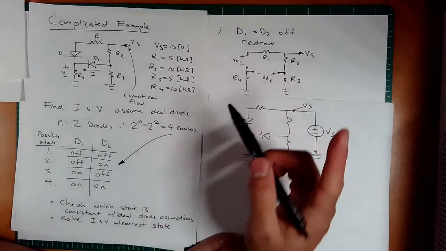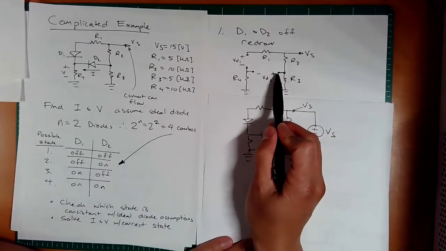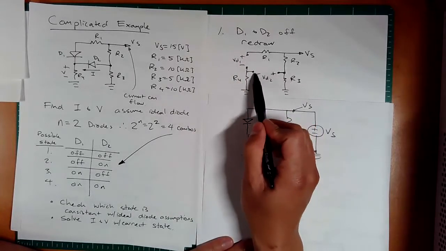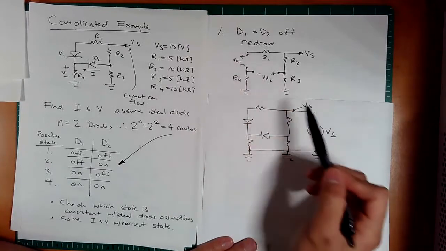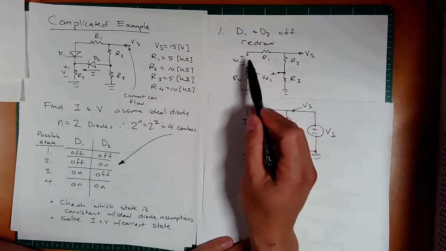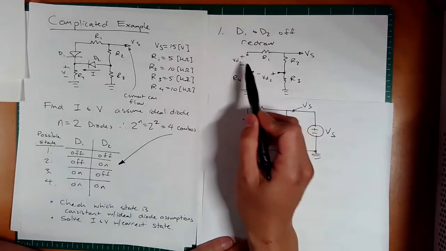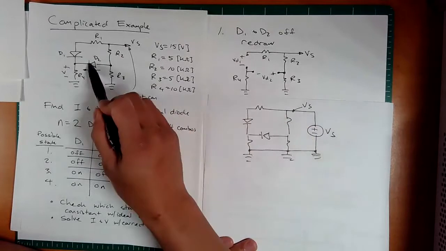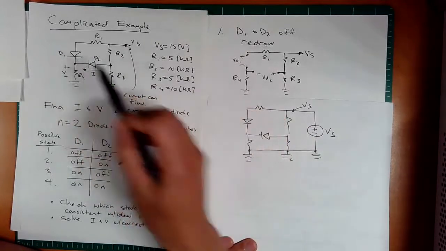And what we have to do is redraw it with the diodes off, and put the proper voltage and current directions. Now, we don't really care about the current directions in this case because it's off, so we know the current's 0, but the voltage polarity totally matters. Look at this, positive here, and minus sign on the cathode. Same for this one, the minus sign on the cathode.